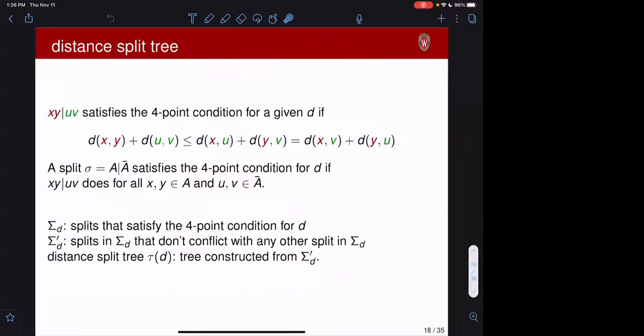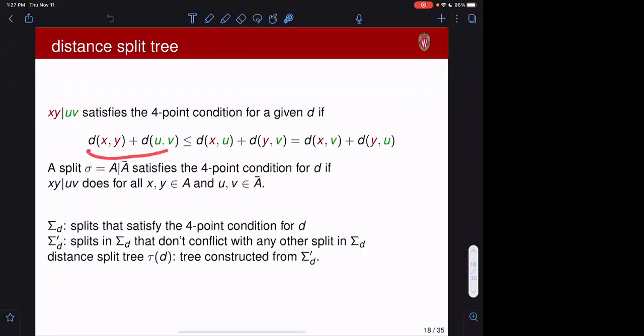Okay, so if we're looking to identify the blob tree, you won't be surprised that I'm going to consider the 4-point condition. And so a split xy versus uv is said to satisfy the 4-point condition if the sum of two distances xy plus uv is the smallest of the three that we can consider.